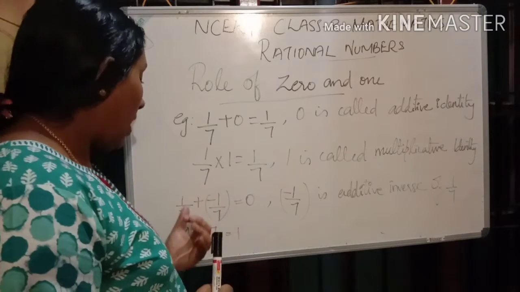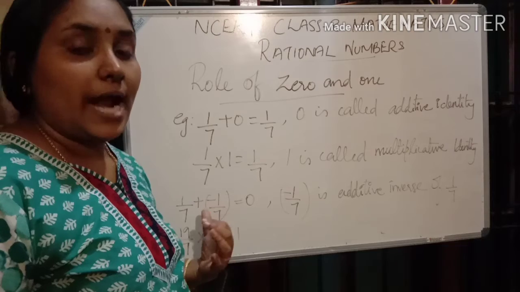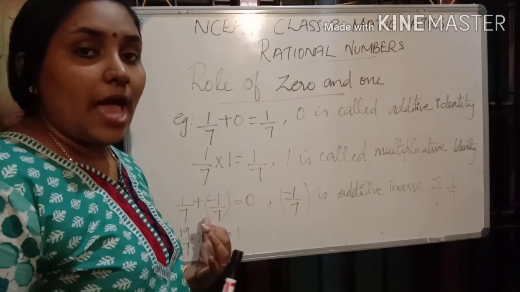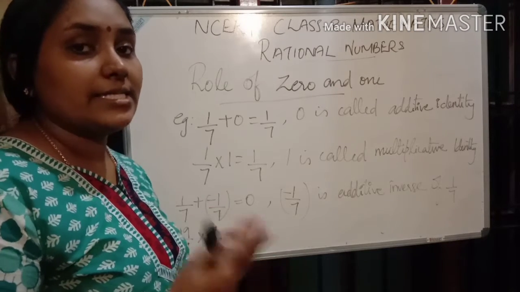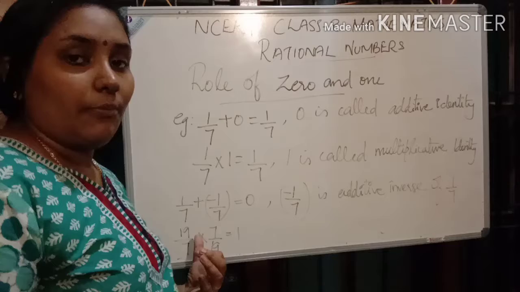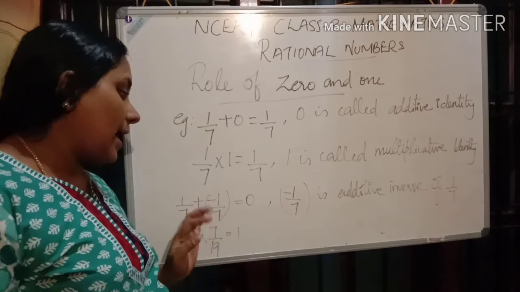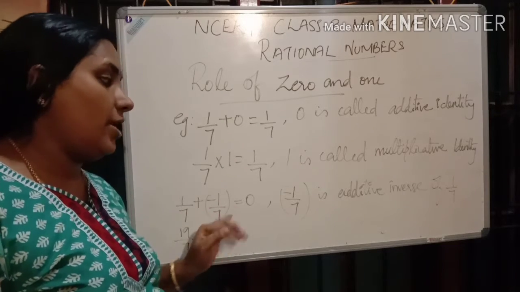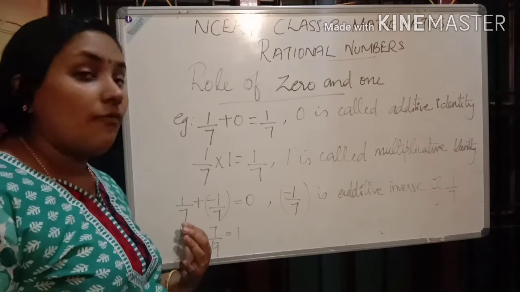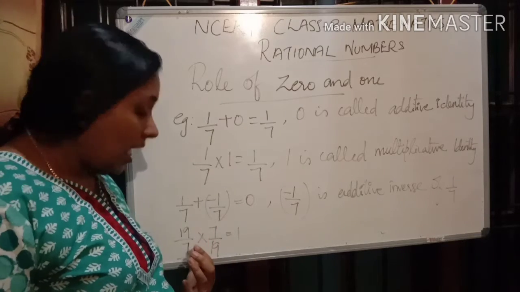So, 1 by 7, a positive rational number is here. We just give a negative to the same number, and adding the two numbers we get 0. So, we can say that minus 1 by 7 is the additive inverse of 1 by 7.